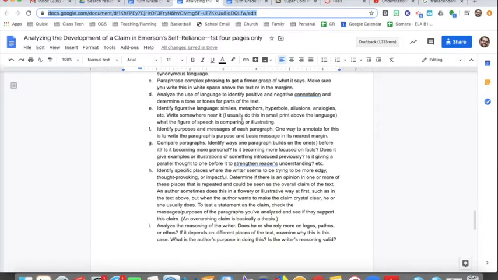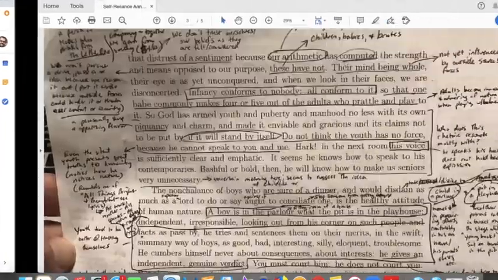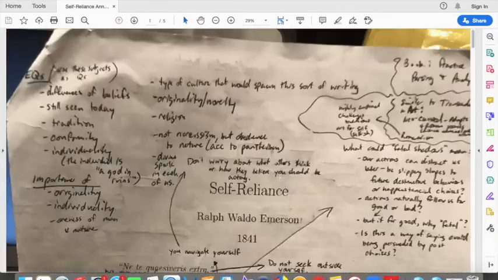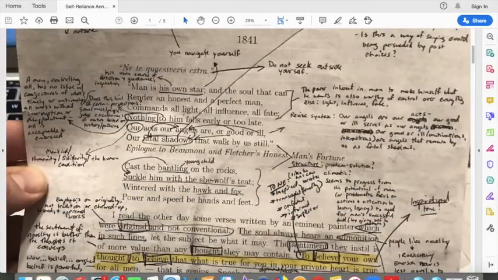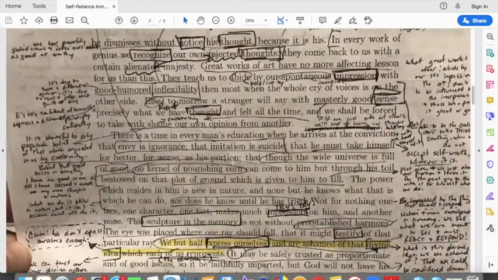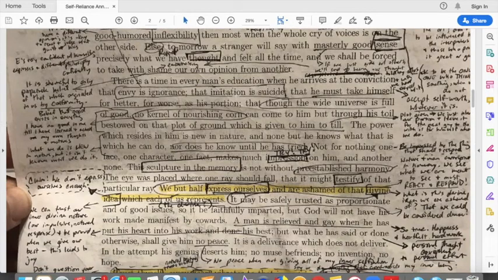And then you compare paragraphs and identify ways one paragraph builds on the one before it, and this happens in this text. Like I said, it starts with this very figurative poem, then it continues with this very soft personal tone I read the other day, and it continues to basically a message of urgency and zeal.